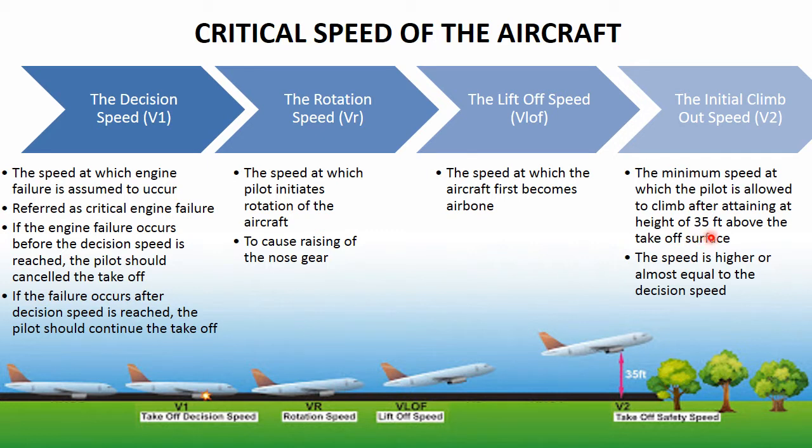So the V2 is higher than or almost equal to the decision speed V1. So these are the 4 critical speeds of the aircraft. For information, the speeds are determined by the aircraft manufacturer, so they will be given.